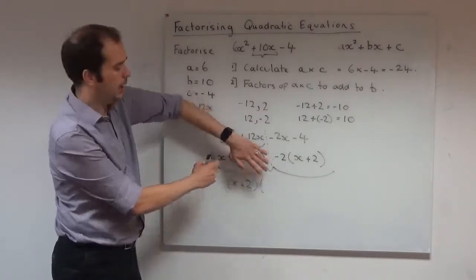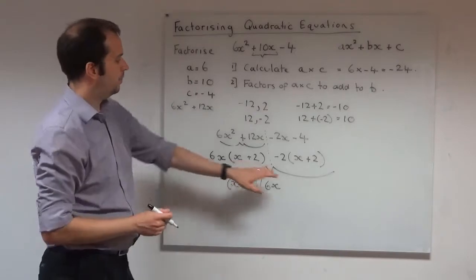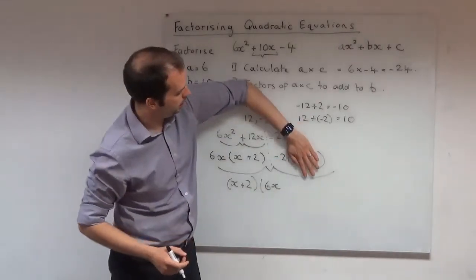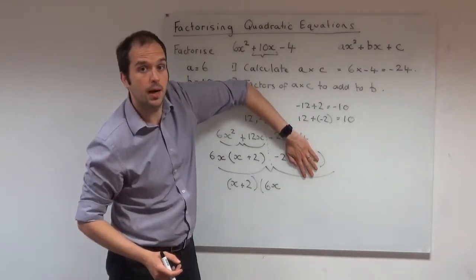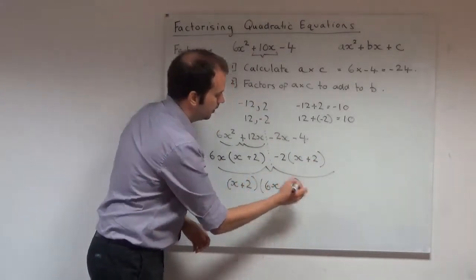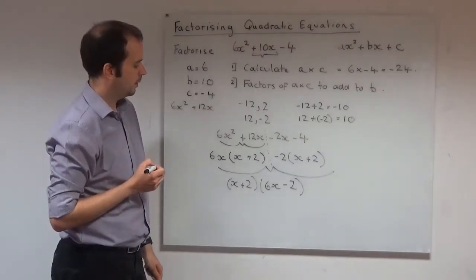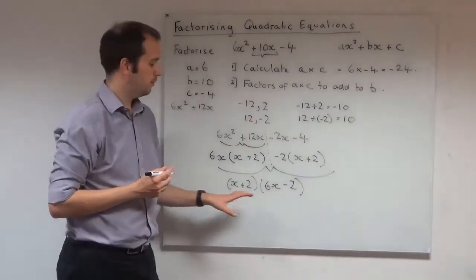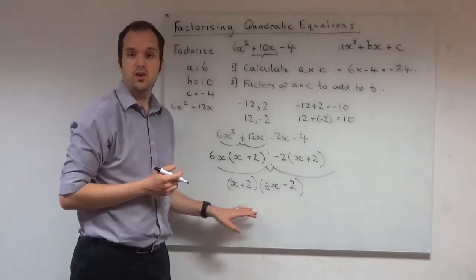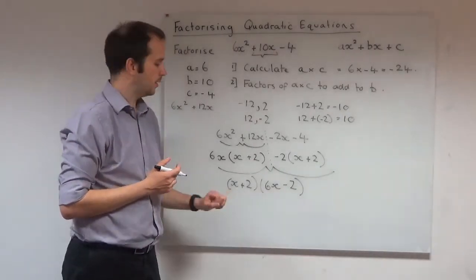I'm left with a 6x. And similarly here, if I take away the x plus 2, what am I left with? Just a minus 2. So that is what goes inside my second bracket. This has now been factorised into two brackets. And I think at this point, this is where I'd leave it.